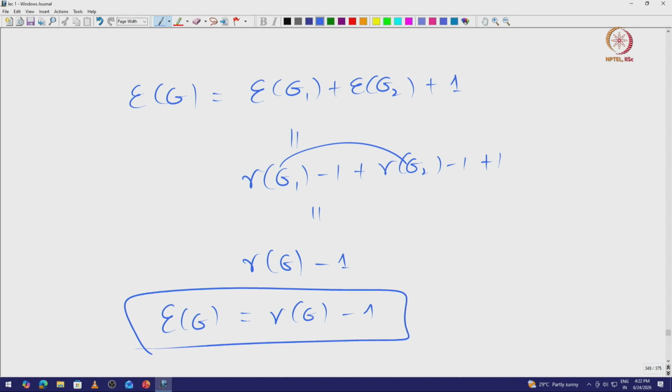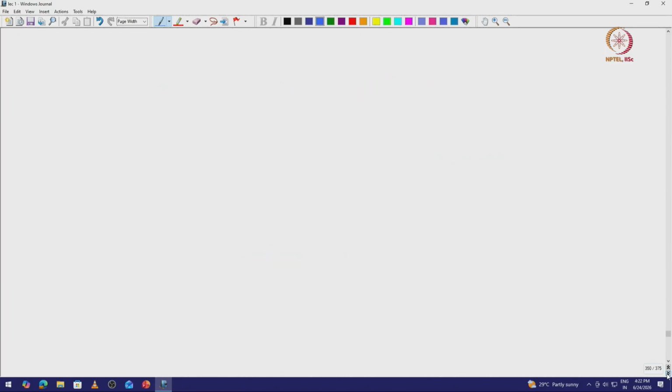To prove the converse, we need some more discussion. I will actually prove it later. But now, as an immediate corollary, one can get that every non-trivial tree has at least 2 vertices of degree 1. This is an immediate corollary.